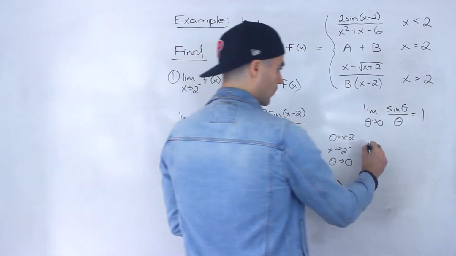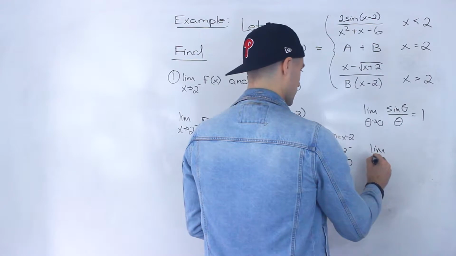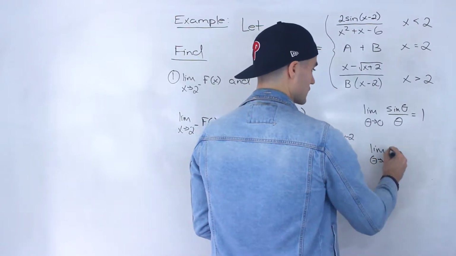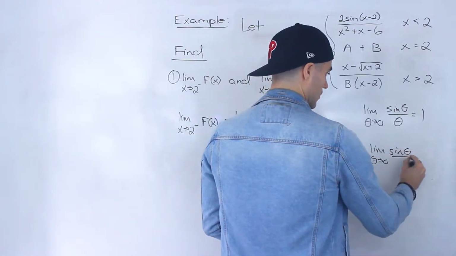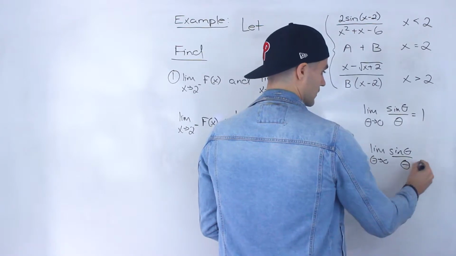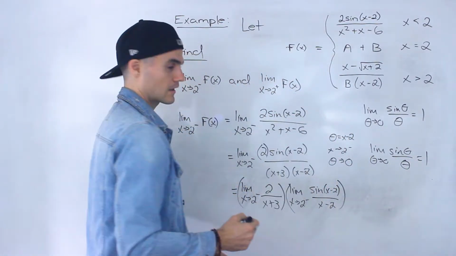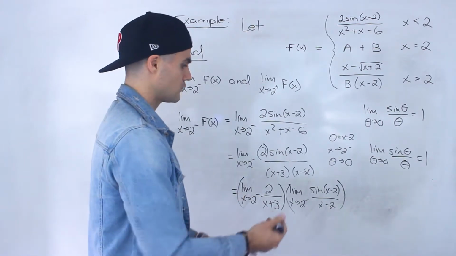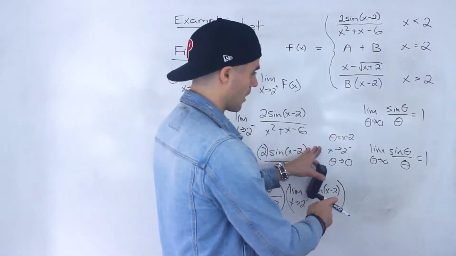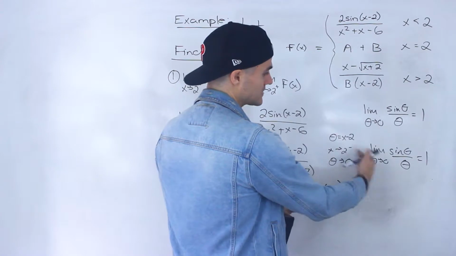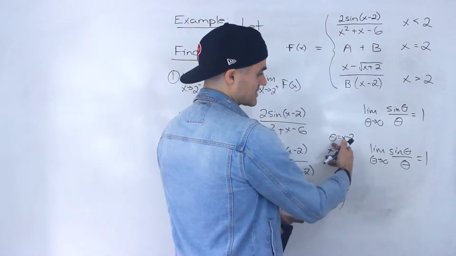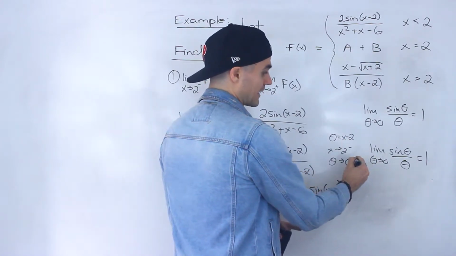Right, so we can do a whole change there. So the limit as theta approaches 0 of sine theta over theta, we know that that's just going to equal 1. So this whole bracket is going to be 1. And if you actually wanted to make this a little bit more proper, if we're approaching 2 from the negative side, then theta is going to approach 0 from the negative side as well.